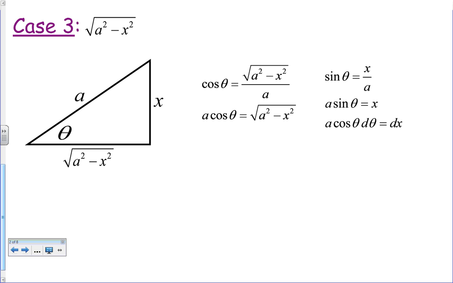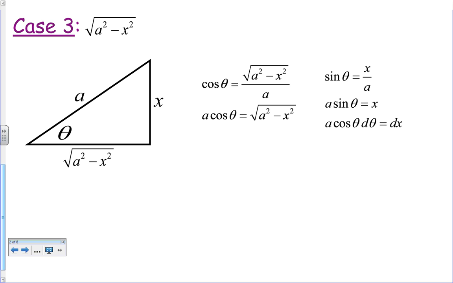And so again, using the Pythagorean theorem, we can find that the horizontal leg here would be the square root of a squared, the hypotenuse squared, minus x squared, the vertical leg. And again, now if I want to find what that radical is equal to in terms of theta, that's on the horizontal leg, so I use the side with the constant, which is the hypotenuse. So that's the adjacent side and the hypotenuse.